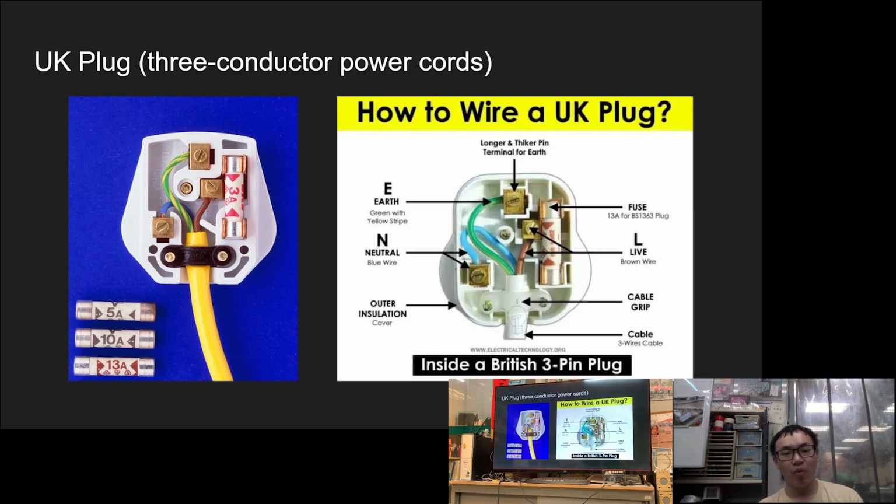Actually, the earth wire is 0 voltage for AC, so it is the same as the neutral wire. In the past, some electricians said you can split the neutral wire into two, one to earth and one as neutral. This is actually very dangerous. Don't do that. Three wires connect to three different places. Don't split any wires.